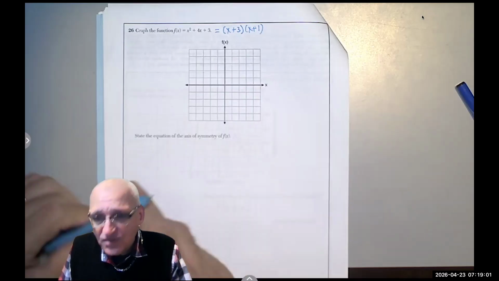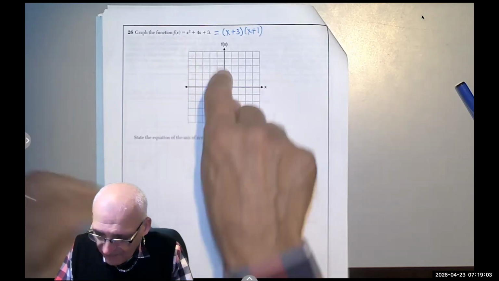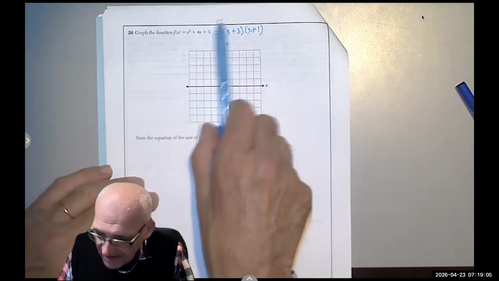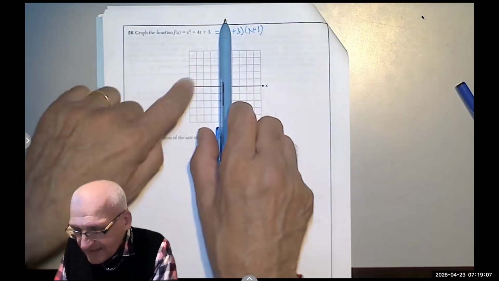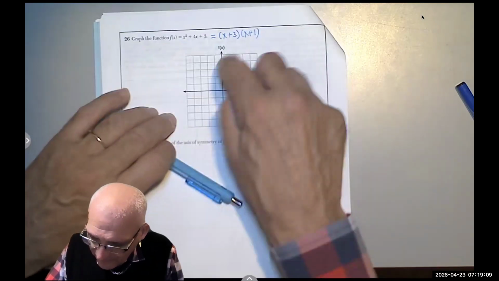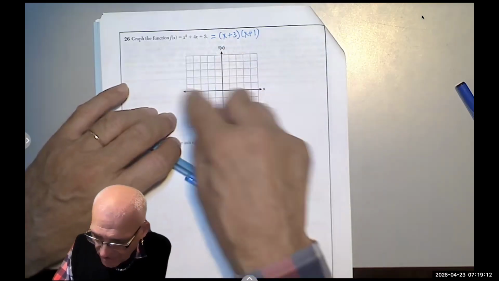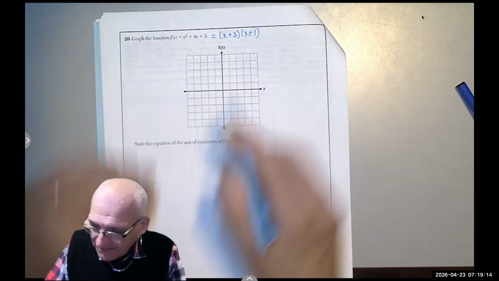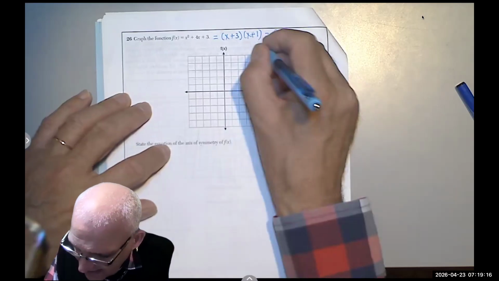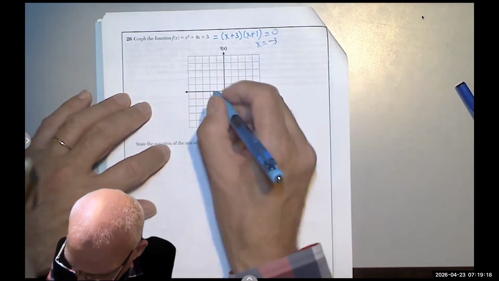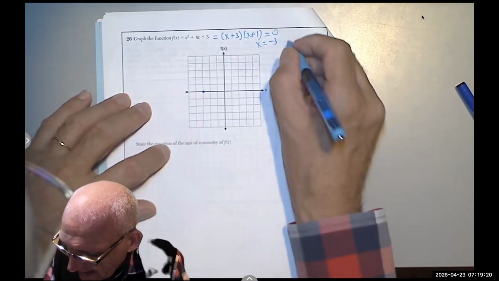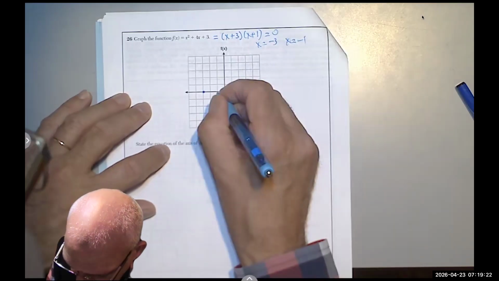Why do we equate it to 0? Because that's the y, or f of x, and you want the intersection of the graph with the x-axis. You say, okay, so my f of x should be at 0, this line, right? So either x equals negative 3 or x equals negative 1.